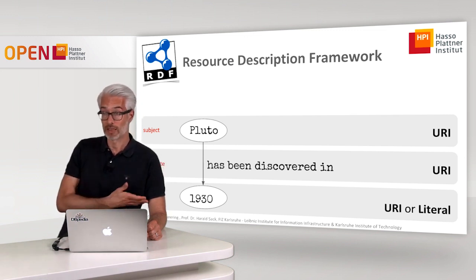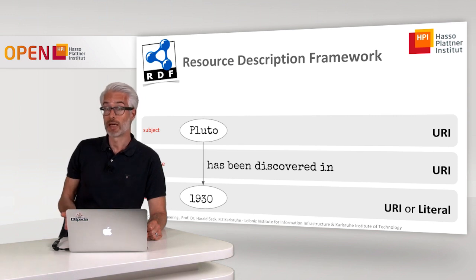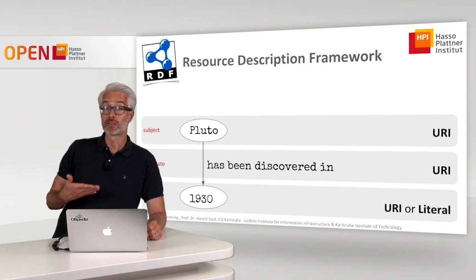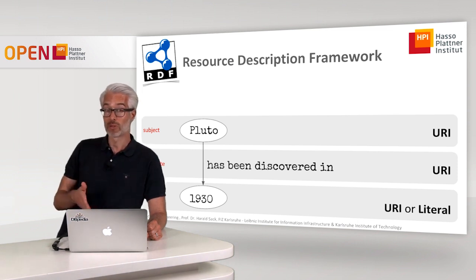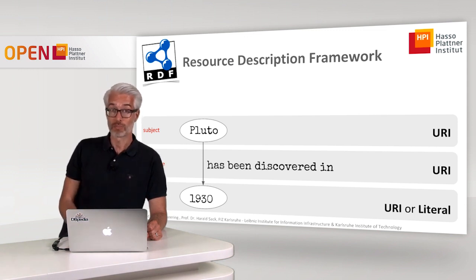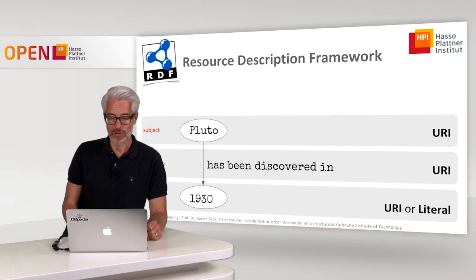A literal can be, for example, a character string, it can be any kind of number, or it can also be something like a typed literal. You can say this is a number, and the number is expressed, let's say, in floating point notation with double precision or something like that. So this is also possible with the resource description framework.